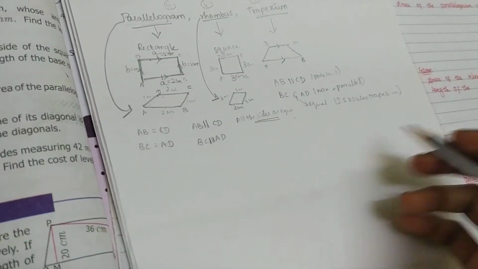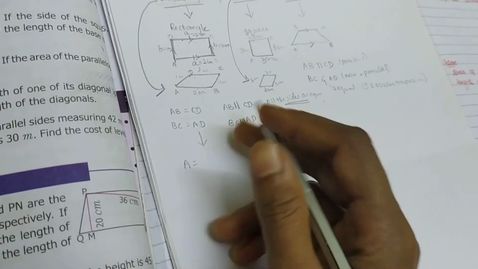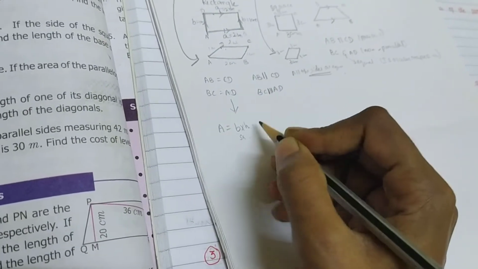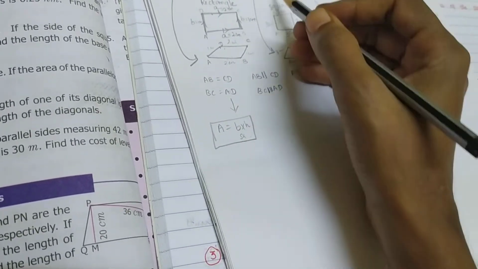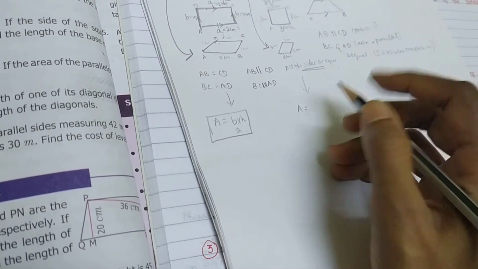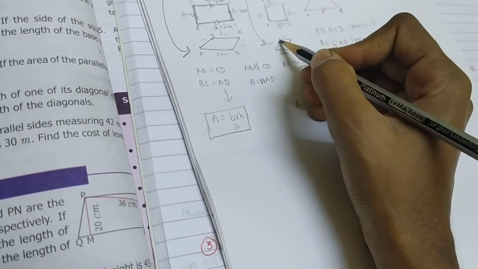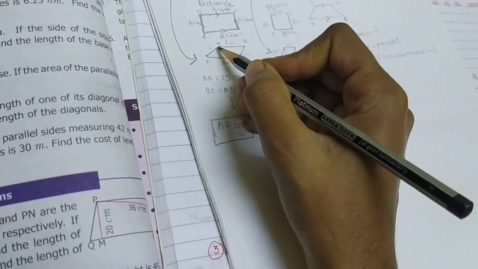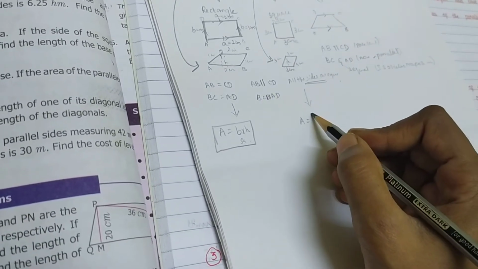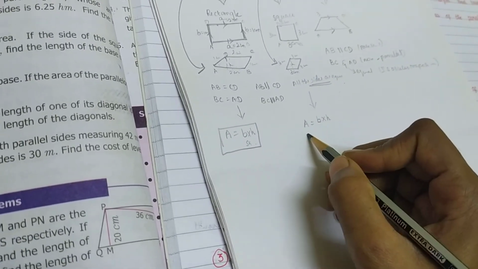This is just a recall of what we learned. How can we write the area? The area of a parallelogram is base into height, square unit. In rhombus we have two formulas. One is base into height, if you draw a perpendicular line, the height is the perpendicular.